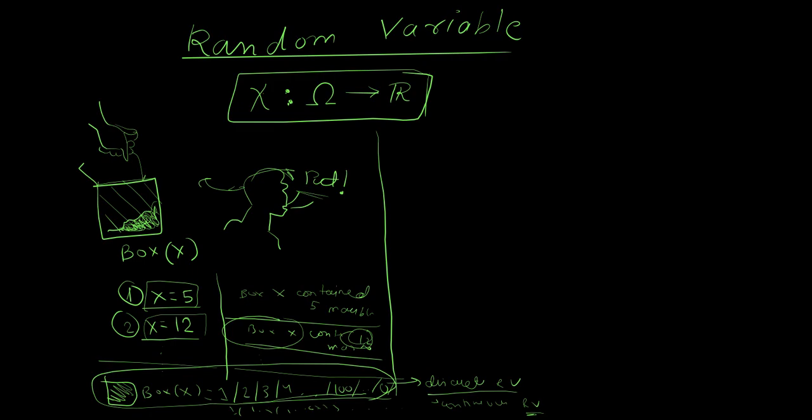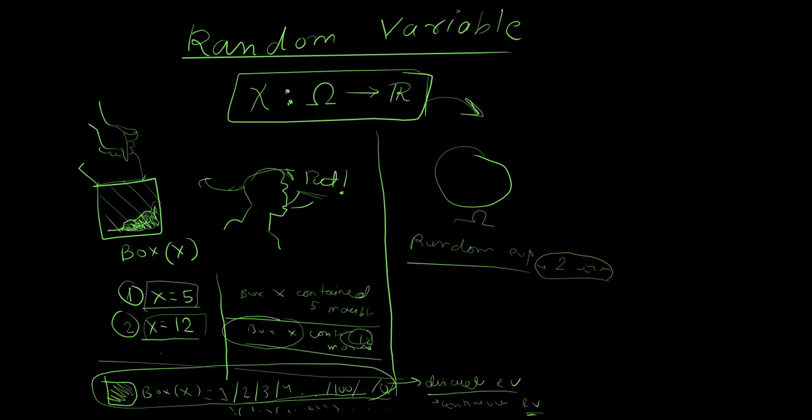Now let's move on to the definition: a mapping from a sample space to the reals. I just call it the mathematician's way. When you have a sample space from some random experiment, for example the throw of a coin, say we have two coins and you threw them randomly.